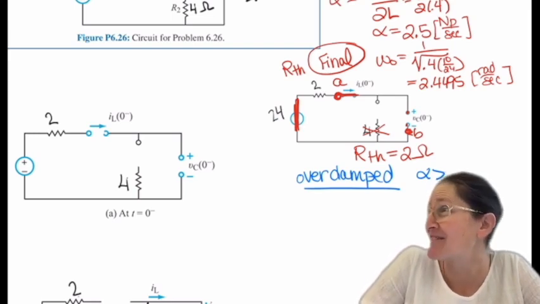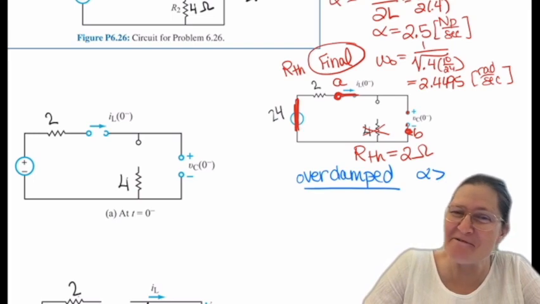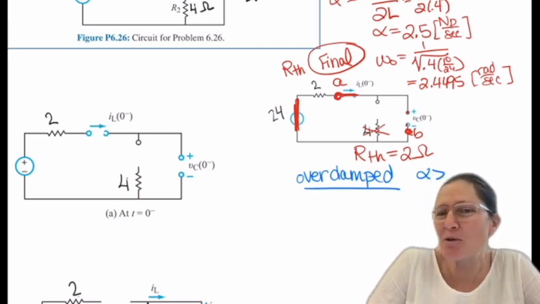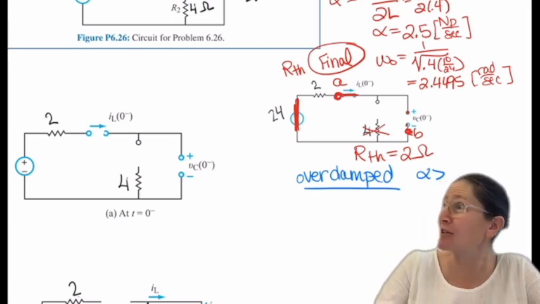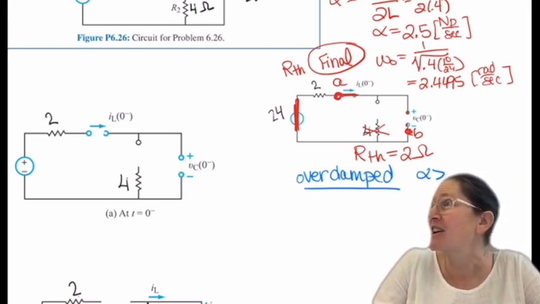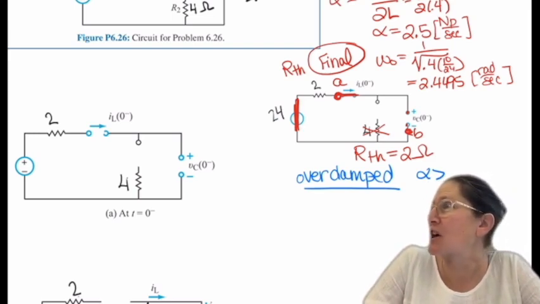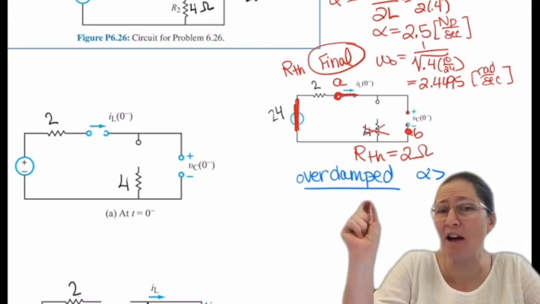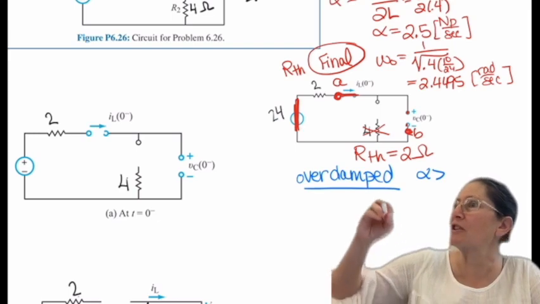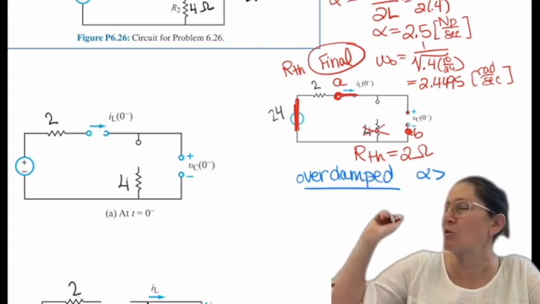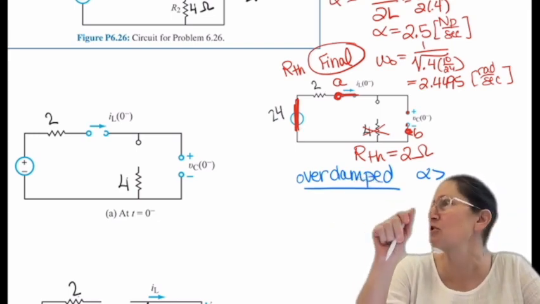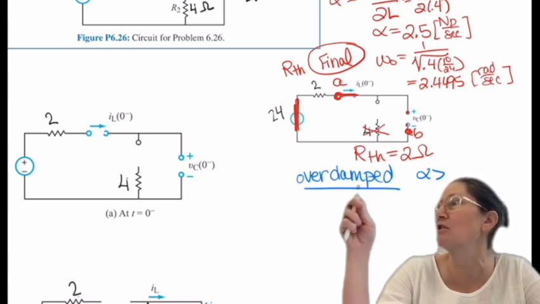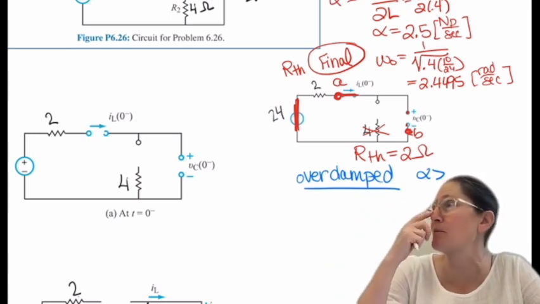I'll try to not make them that close. I'll try to make it a little bit more obvious. But say you are in real life, analyzing this. What are these going to look like in the graphs? If they're that close in value, they're going to look graphically pretty similar. Whether you do overdamped or critically damped, they're not going to look that different once you graph them.